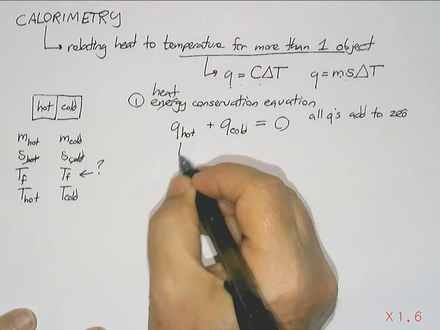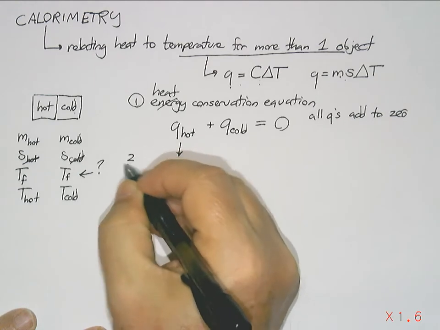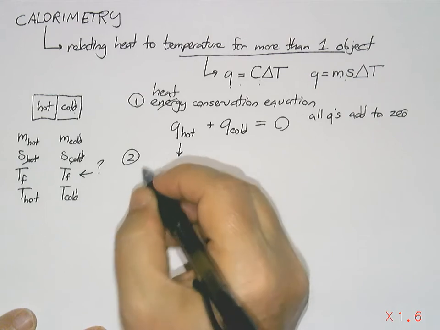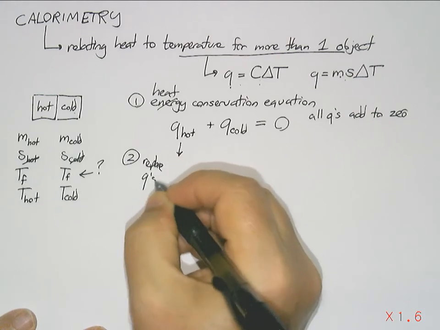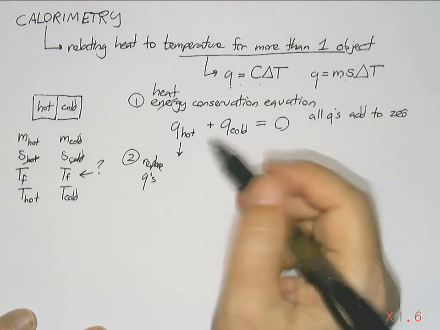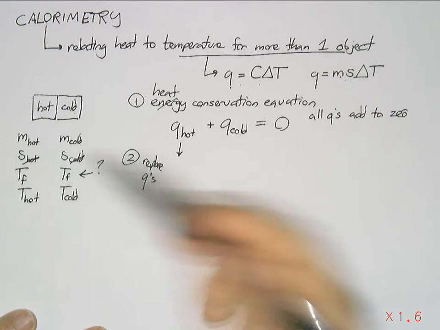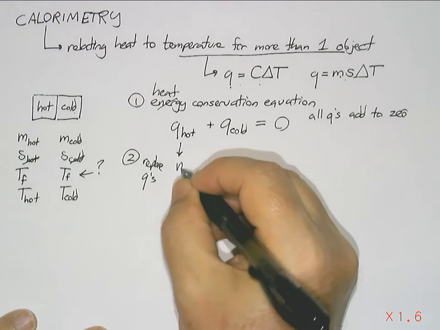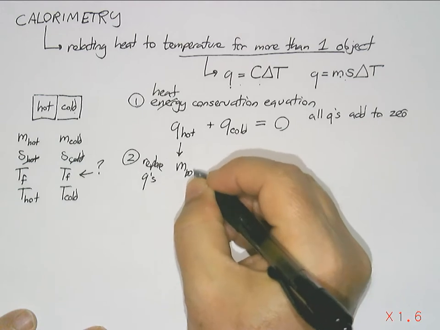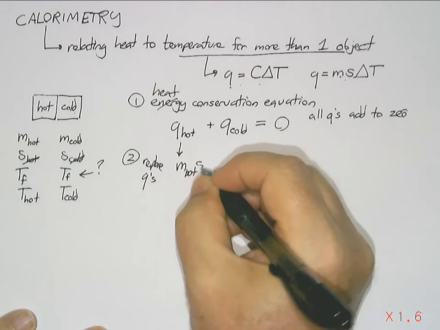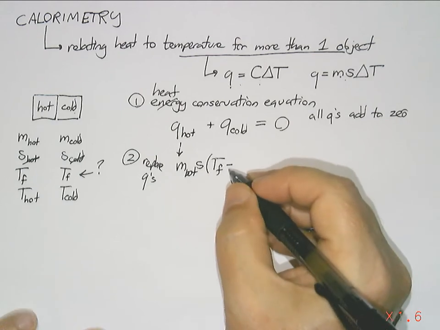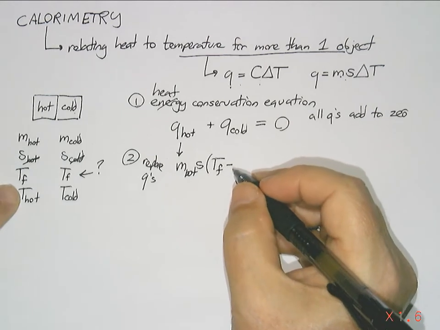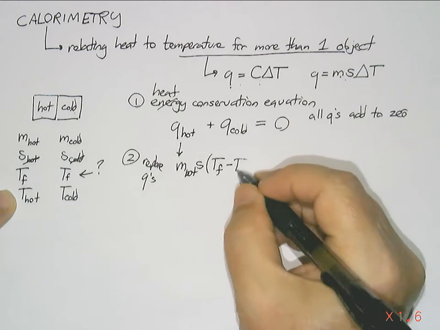So, the second step is to replace the Q's. I'm going to replace the Q hot with, let me see, I know the mass of the hot, it's M hot, times S times the temperature change, which is the final temperature minus the initial temperature of the hot block, which was T hot.